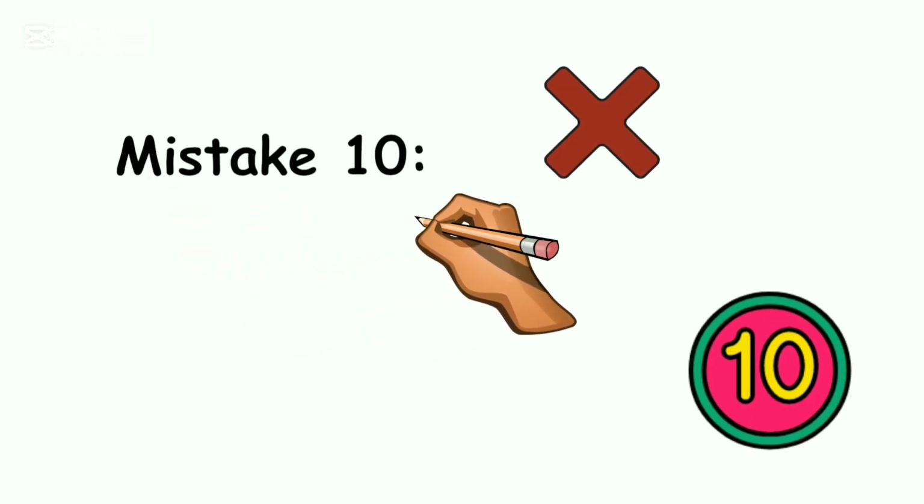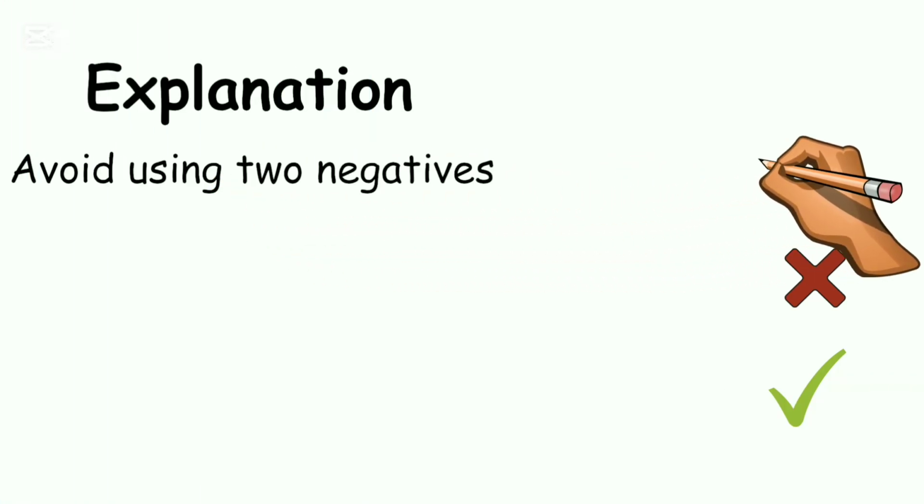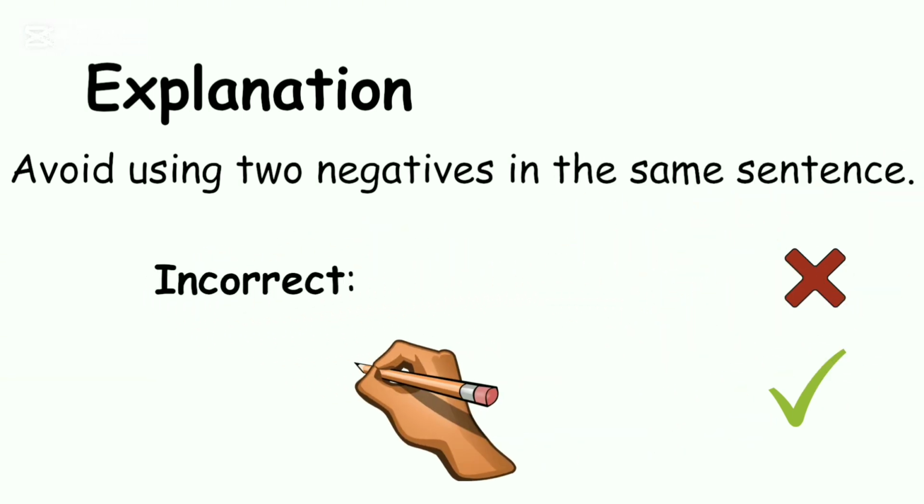Finally, avoid using double negatives. Saying, I don't know nothing is incorrect because the two negatives cancel each other out.